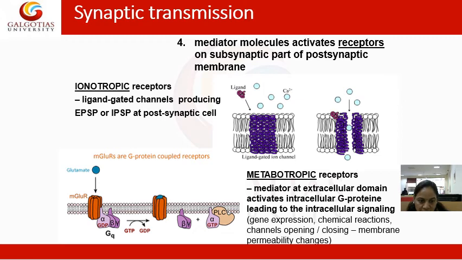You can see the glutamate is passing through this gate, and it is going to be the receptor finally, and the information passing from one point to another. So you can see G protein coupled receptors here. So the gene expression, chemical reaction, channel opening, and membrane closing can be found here.